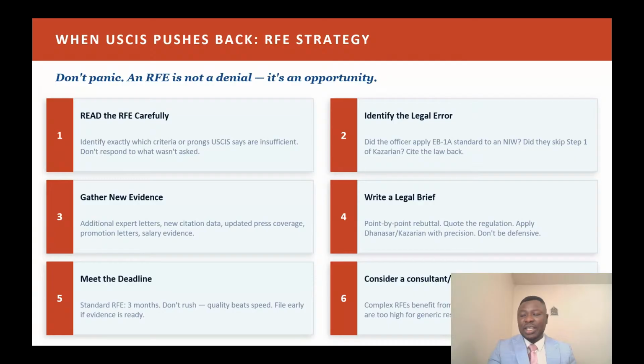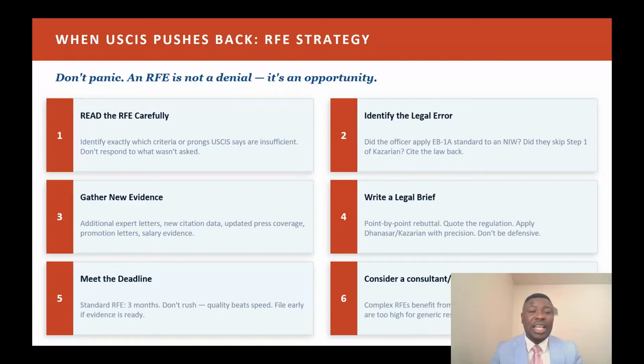Some people get angry, they get mad that after the 6 to 7 months put into writing this petition, what does USCIS want again? Some people just package the same thing and send it back to USCIS. Some people just sit down and begin to mourn, they get agitated, they get angry. No, that is a wrong approach.